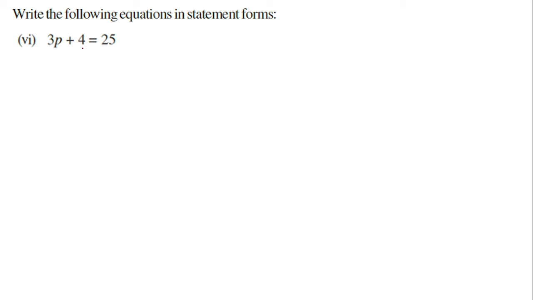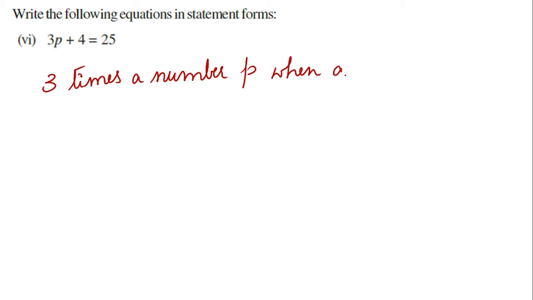Here 3p plus 4 is equal to 25. 3p is 3 times p, right? So 3 times a number p when added to 4 gives 25.